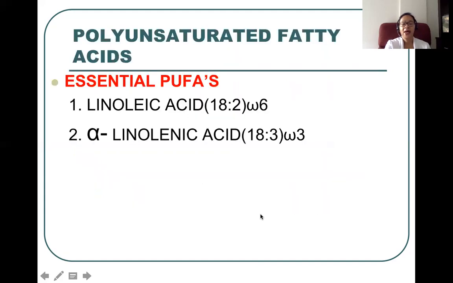Okay, so we have essential PUFAs. So there are two major essential PUFAs, your linoleic acid and alpha linolenic acid. Okay, so if you see here, there is a symbol 18-2. 18 would mean 18 carbons in it, and 2 would mean presence of 2 double bonds.